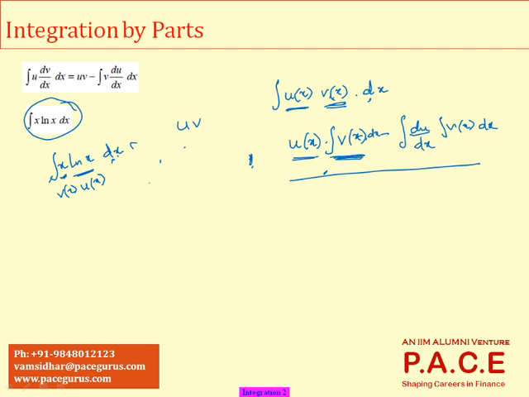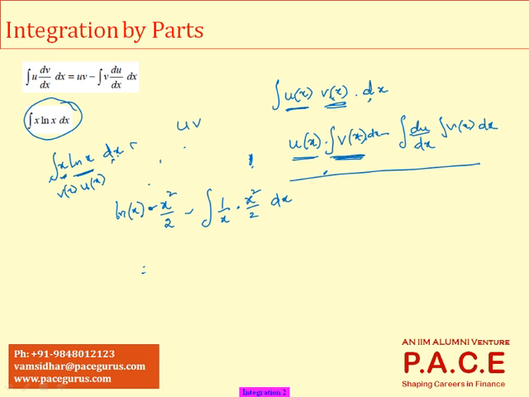The first step: you start with this u of x, which is log x, into the integral of v of x. What is the integral of x? x squared by 2, minus the integral of the derivative of log x, du by dx. I know the derivative of log x is 1 by x, into the integral of v of x, x squared by 2, dx.